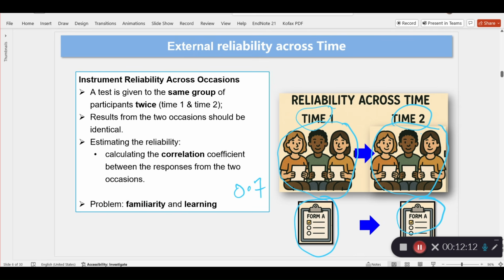So we need to make sure that first of all, the interval between time 1 and time 2 is long enough so they will not remember the items, but at the same time, we also need to ensure that they haven't learned anything from time 1 to time 2, which is nearly impossible.